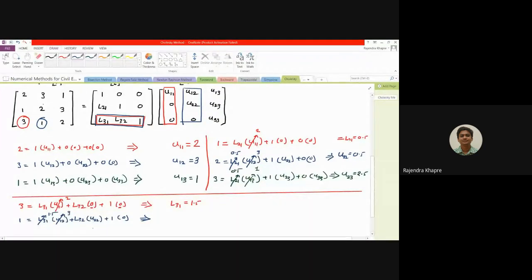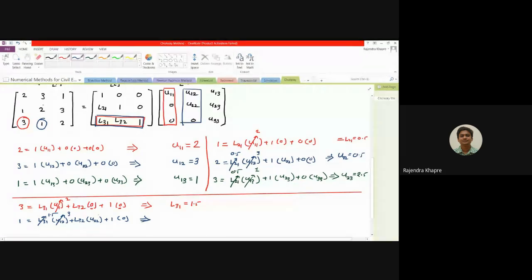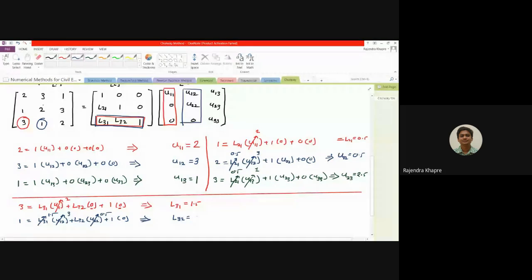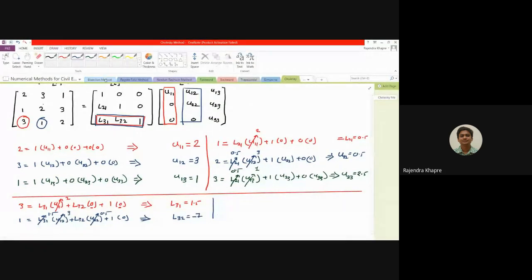Then L32 is not known, but U22 is known, which is 0.5. So this is going to give us the value of L32. कितना आएगा ये? Minus? Okay, someone please verify this. Yes. Okay, good.